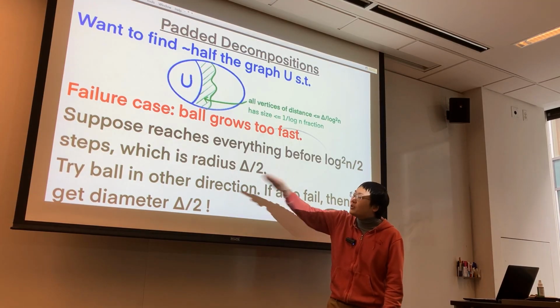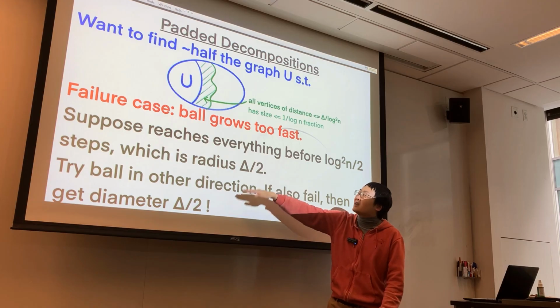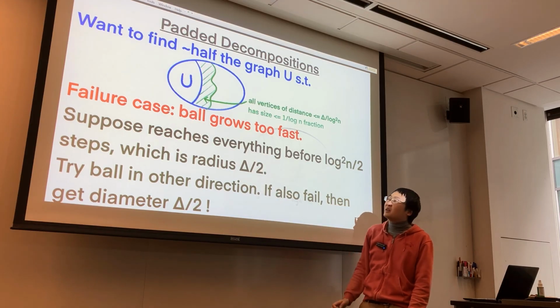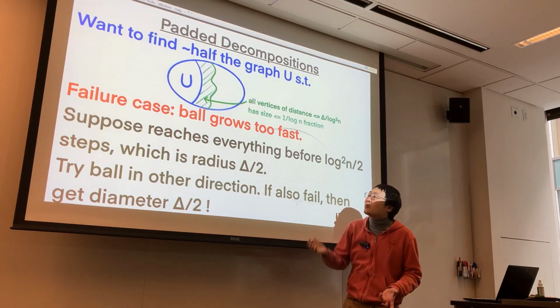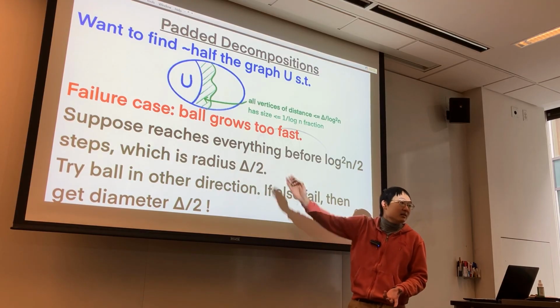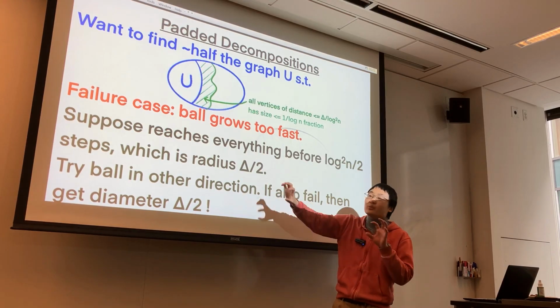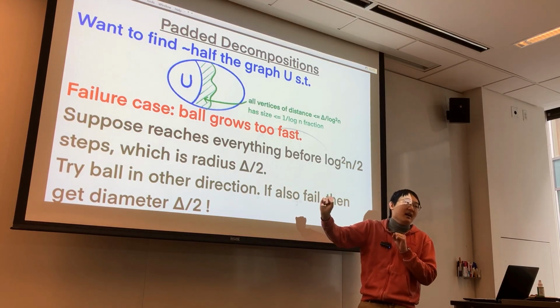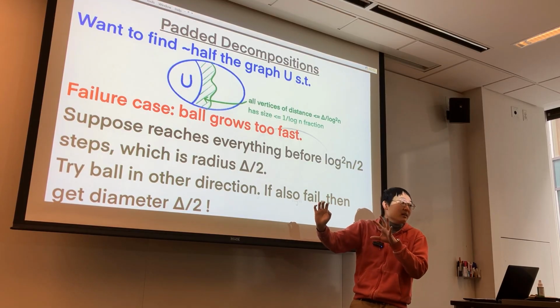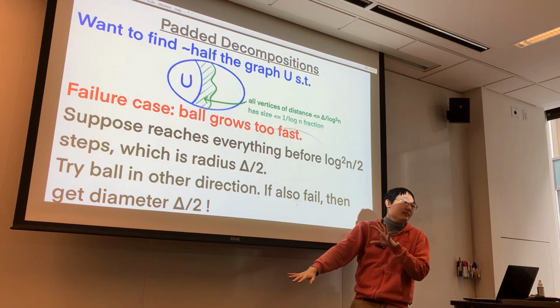The failure condition is that both directions essentially get everything. But that means success needs to be that one direction gives you a small ball. So what the algorithm really does is try to grow a ball in both directions in parallel. If one finds a small ball, you terminate the other immediately.